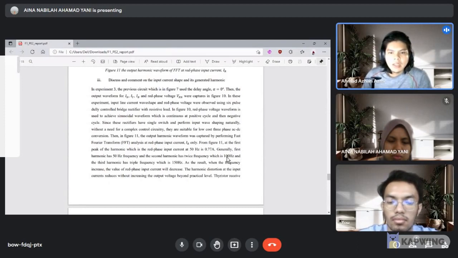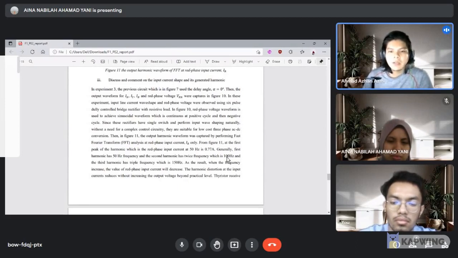So in figure 17, the output harmonic waveform was captured by performing fast Fourier transform analysis of the red phase input current only. From figure 17, the first peak of harmonic of the red phase input current, at 50 Hz, is 0.77 ampere.